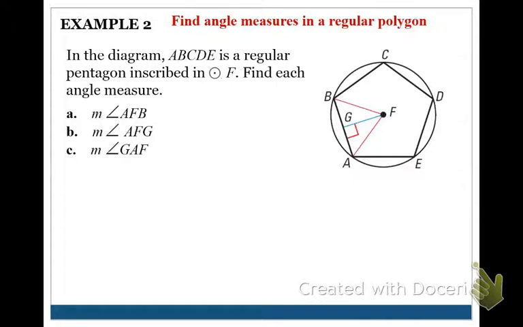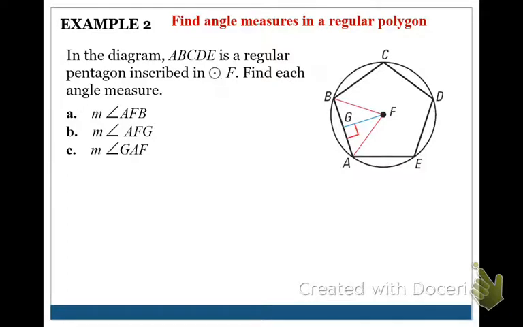How many triangles of this size do I have in the pentagon? 6? 5. One here, one here, one here, one here. So we have 5. So we have 5 angles that are the same right here. How could I figure out what that angle is? 360 divided by 5. Right, we do 360 divided by 5.